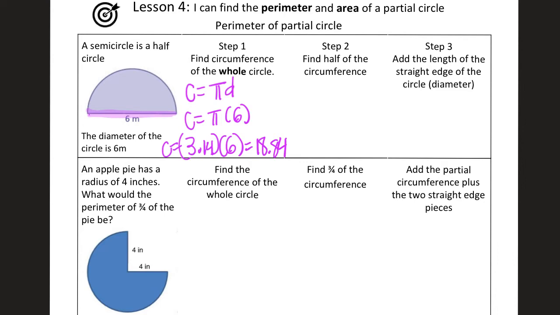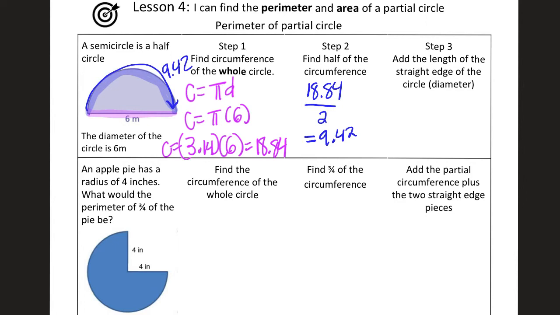Okay, so I need to find half of that, because that's the circumference of the whole circle. So I'm going to take that, 18.84 divided by 2 is 9.42. So this way around is 9.42 meters.